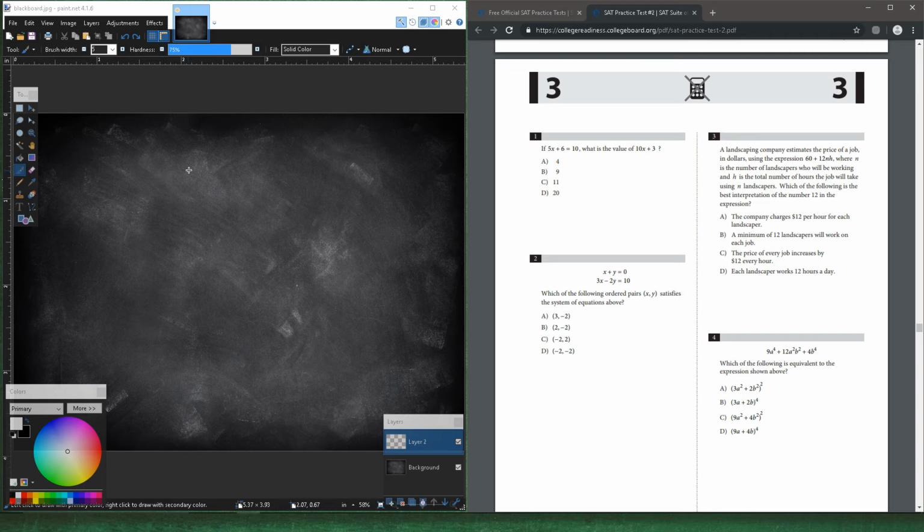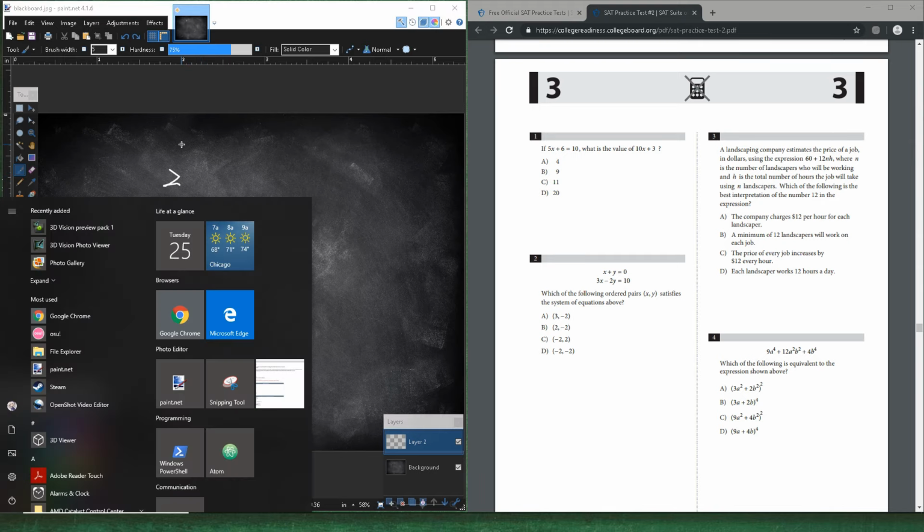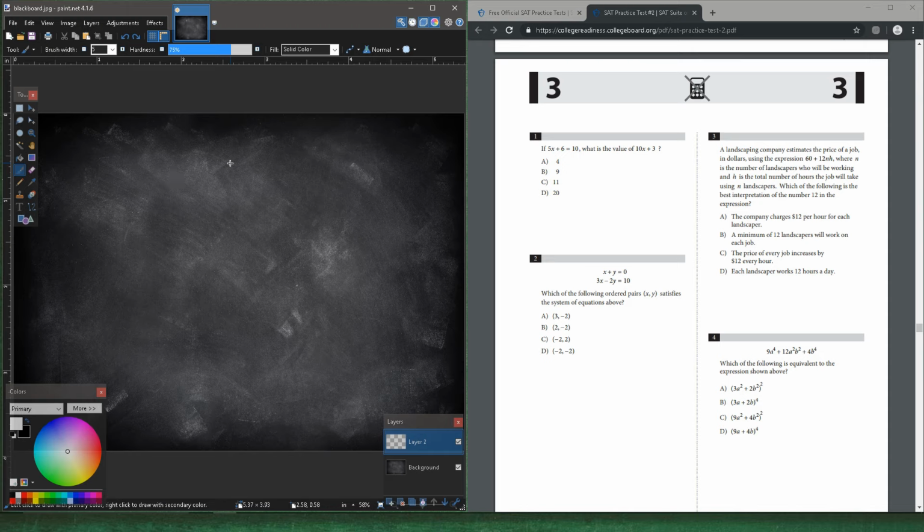For the first equation, you want to multiply by 2. That'll make 2x plus 2y equal to 0, and 3x minus 2y is equal to 10.